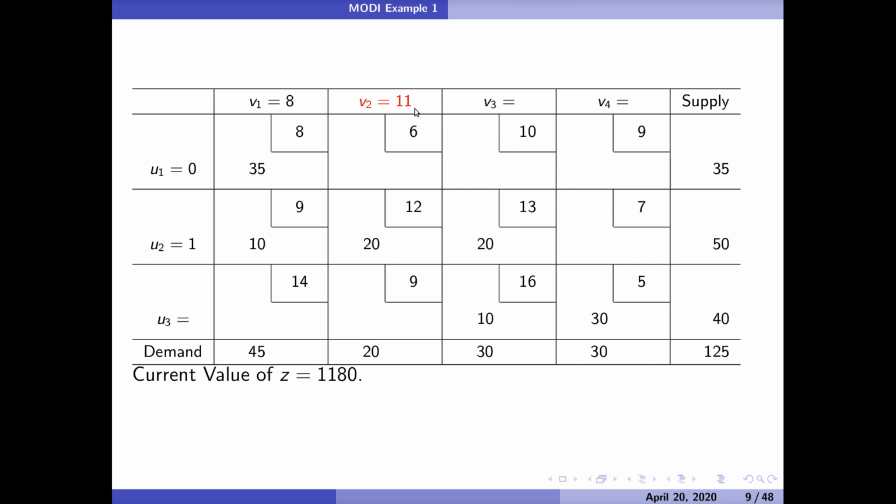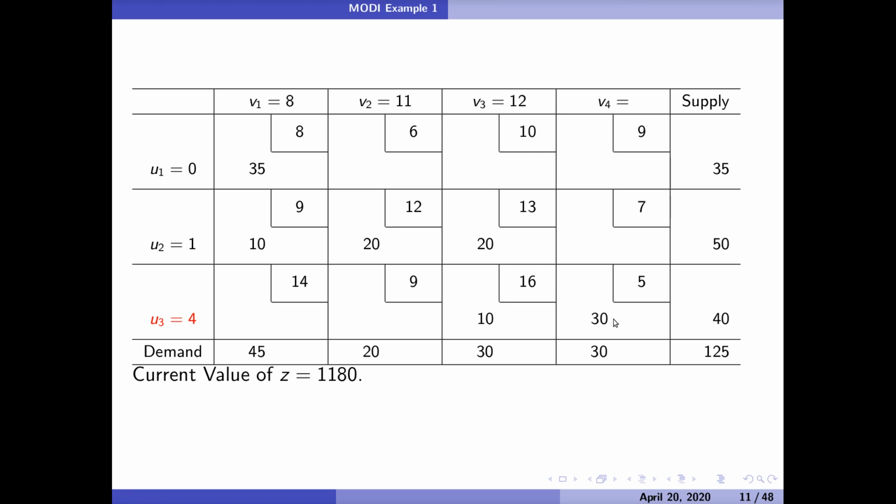Very good. Now I don't have any more from that column, so I go into this value, and now u2 is equal to 1. The sum should be 13. Therefore v3 should be 12. And if v3 is equal to 12 and the sum here is 16, therefore u3 is equal to 4.